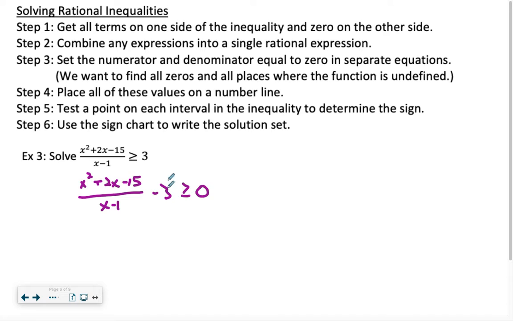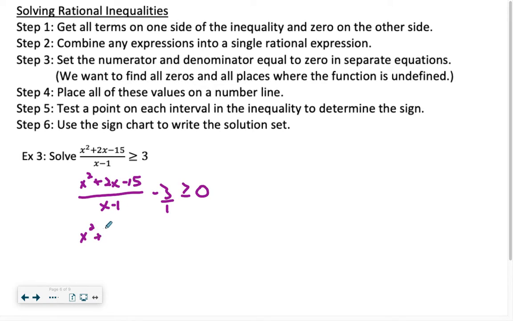to 0. Now, if I have multiple fractions, I want to combine them into a single fraction. That's what we've been working on so far. So I need to get common denominators here. I'm going to multiply this, because we're thinking about this as over 1. So I'm going to multiply this by (x minus 1) over (x minus 1) to get common denominators.